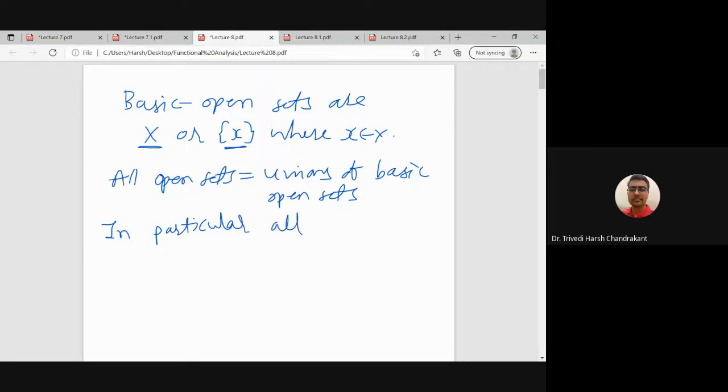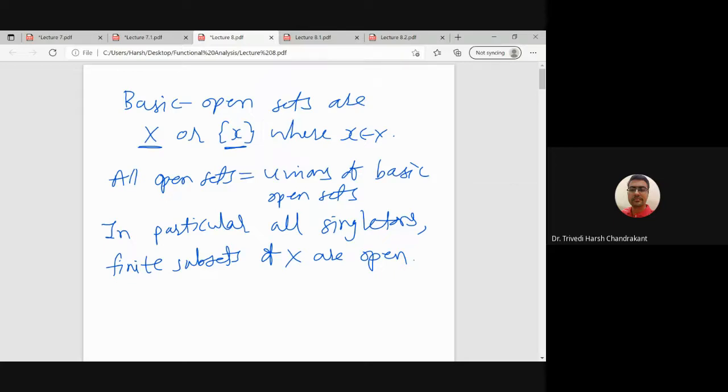all singletons and finite sets of X are open. Your finite set we can write as a union of singletons. Right.